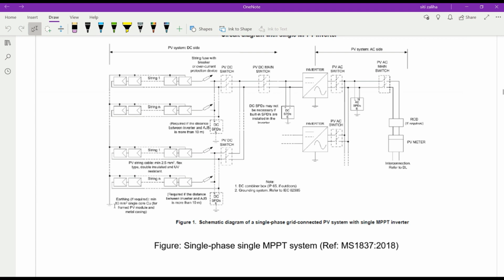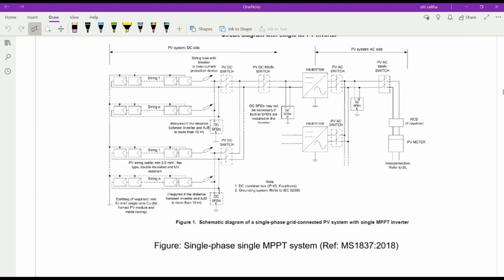So minimum 10 square millimeter, single core copper for frame PV module and metal casing. So it is required if the distance between inverter and the AJB is more than 10 meters. So it requires a DC SPD.